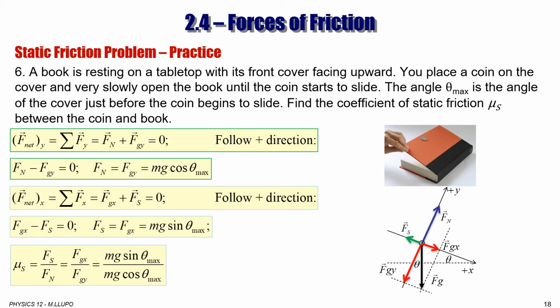In order to calculate that, we need to calculate the tangent of the maximum angle before the coin starts to move. That is very important because tan is opposite over adjacent, and measuring the angle is actually difficult and the degree of accuracy is very low.